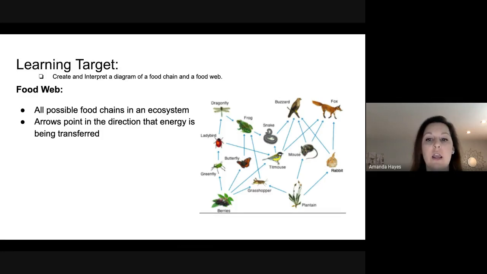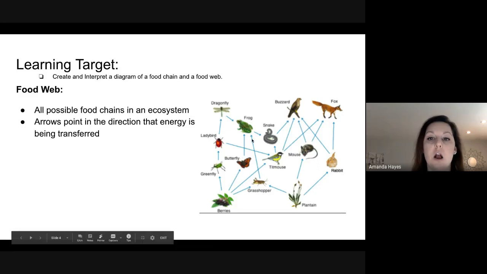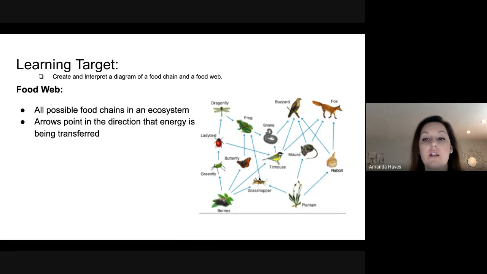Okay, so if we were to take a look at, for example, a frog, the energy sources that this frog is using, actually, excuse me, 3, are the dragonfly, the butterfly, and the grasshopper. We know that because all 3 of these arrows are pointing to the frog. That tells us that the frog is obtaining energy from those 3 organisms.